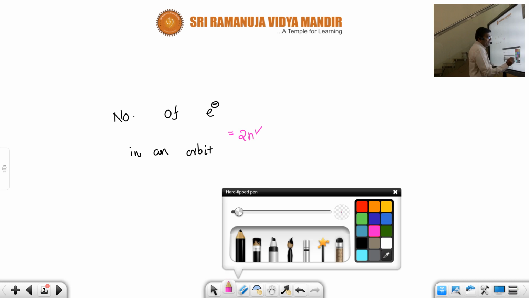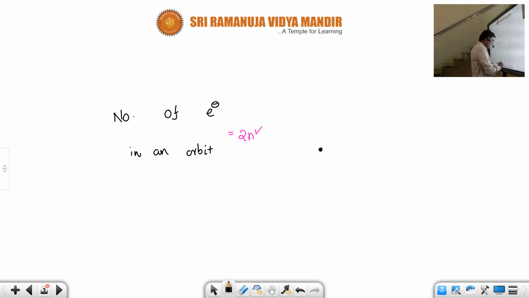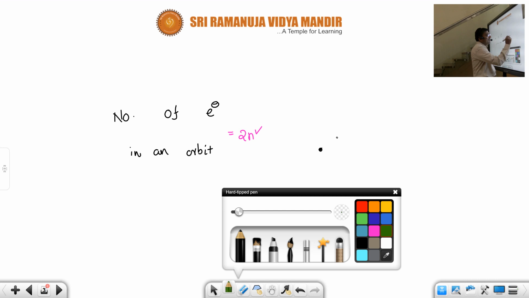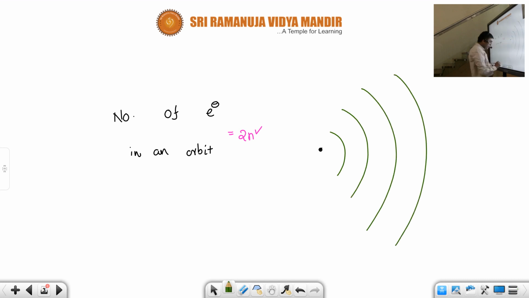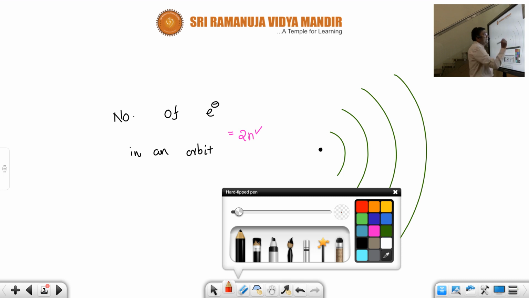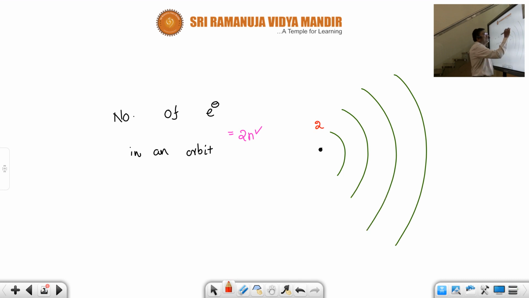So again we redraw here. This is the nucleus. This is the first orbit, second orbit, third orbit, and fourth orbit. So 2n square means here 2 electrons, 2 into 2 square is 8, 2 into 3 square is 18, 2 into 4 square is 32, etc.